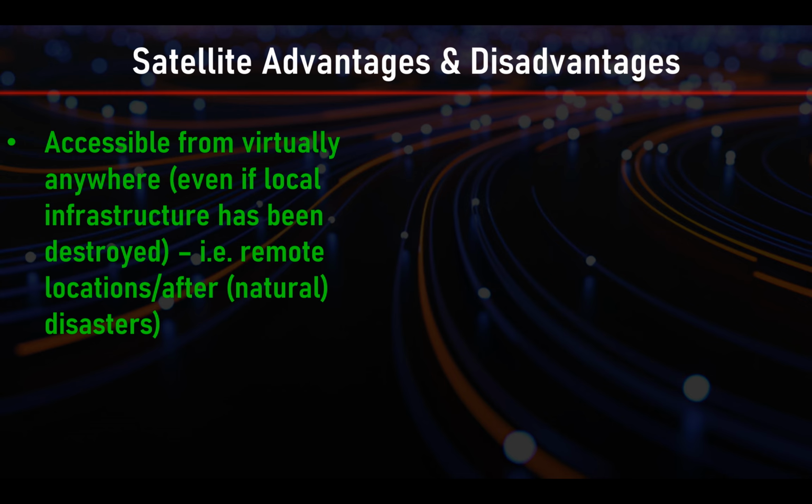So the advantage is that it's accessible from virtually anywhere, even if the local infrastructure has been destroyed, e.g. in a natural disaster or maybe a war zone. People are probably aware of Starlink, which is being used in the Ukraine war, and probably other places as well, where Russia has destroyed the typical ground-based internet.